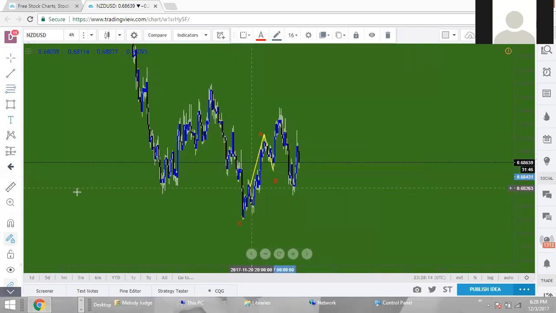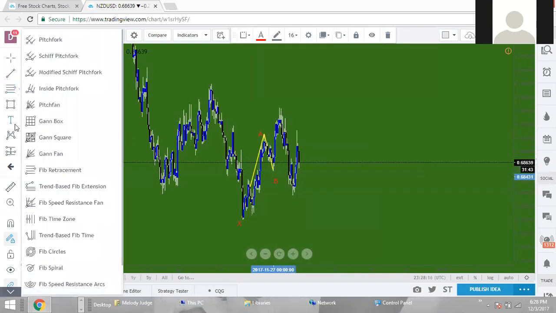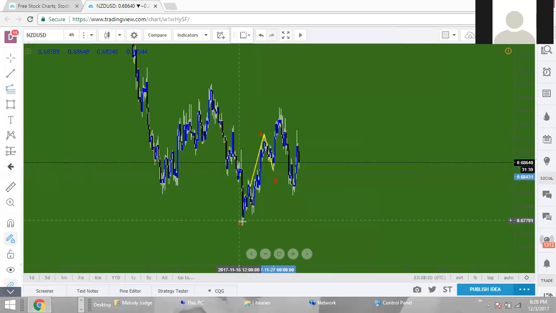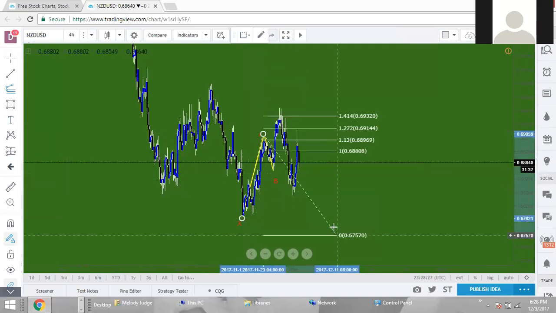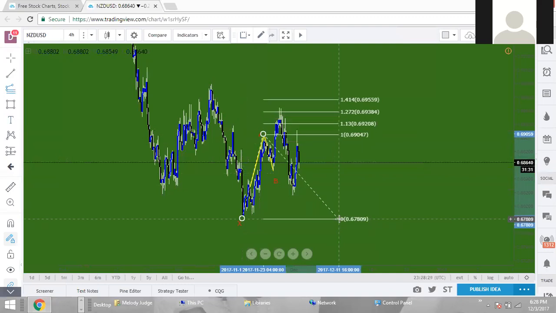Now, once B has been identified, we've got to break out the Fibonacci extension. We take that from X up to A, back down to X. As you can see, once again, the 127 was respected perfectly.